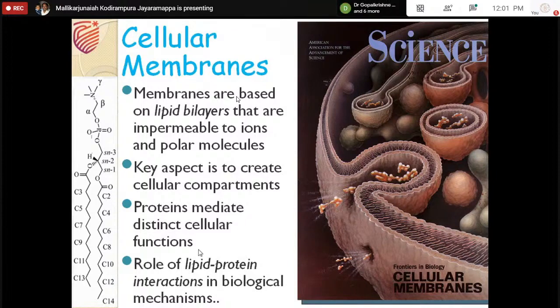And usually these lipid membranes, as you can see, have a thread-like structure that can be represented in this fashion. They actually consist of many carbon chains, as mentioned on the left-hand side of the slide, where different groups are possible. We'll come back to this point in the next slide.